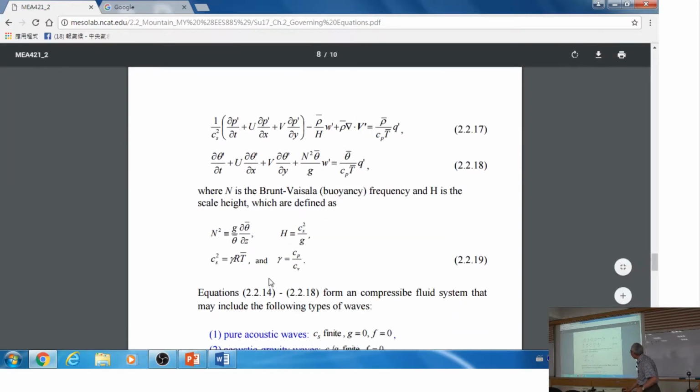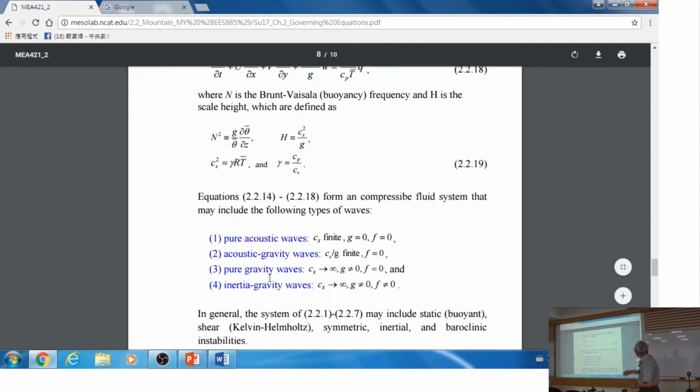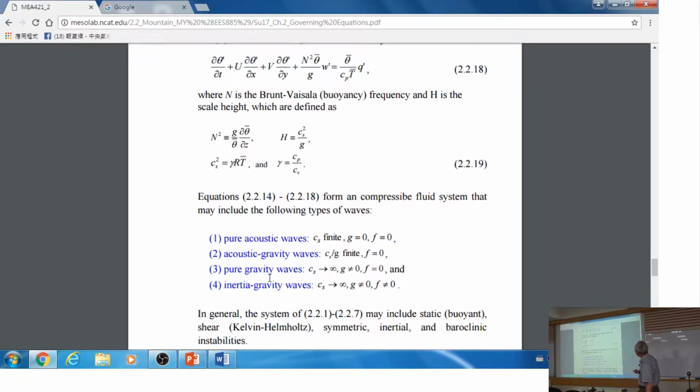This set of equations contains pure acoustic waves, and they are associated with C sub S terms. Wherever you see C sub S, that has the mechanism to propagate pure acoustic waves. And also pure gravity waves.